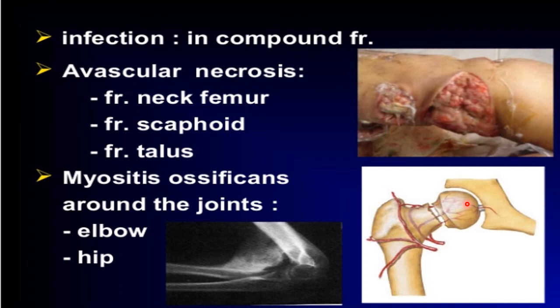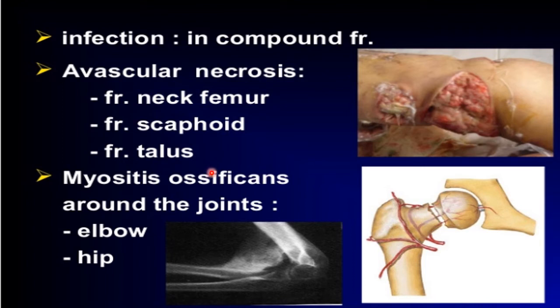Avascular is when there is no blood supply, and ultimately no body tissue can live or survive without its blood supply. Same happens to the proximal end of the scaphoid, and same can happen to the body of the talus if the neck of the talus is broken.